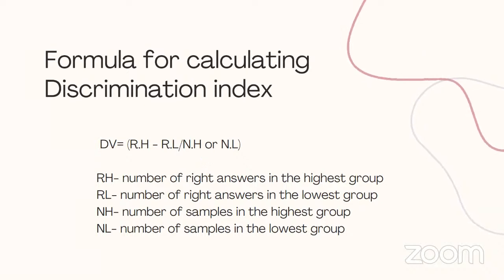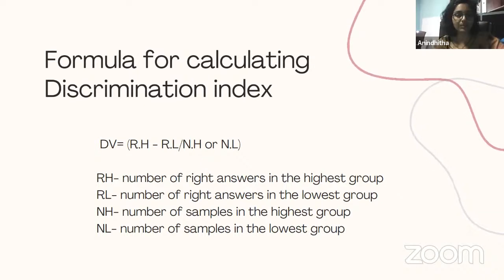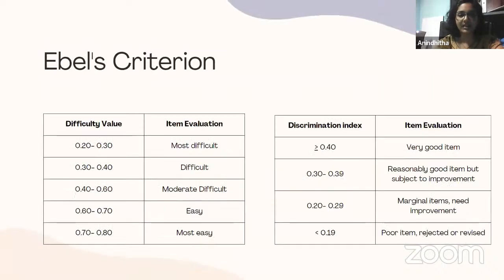Yes. Awesome. So with this, we are going to go ahead with the calculation, because the next slide is about understanding Ebel's criterion of interpretation, which we'll get to when we get the values. So we'll talk about it along with the values. I'm just going to stop my screen right now and open my Excel and share that screen with you all.